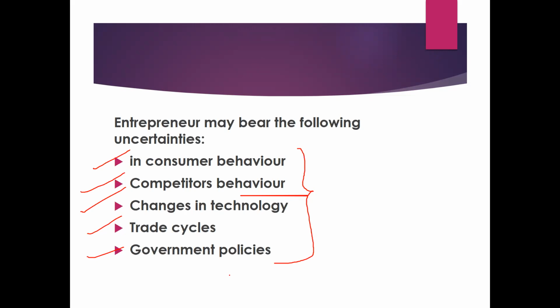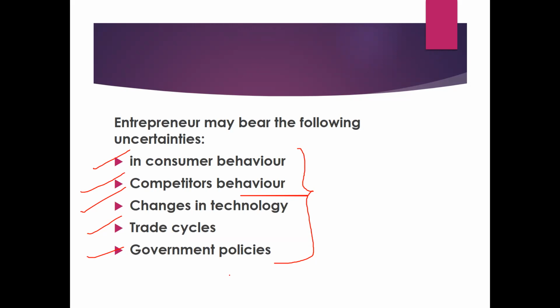Changes in technology, because you have seen already when you are purchasing a mobile phone, after 1 year it is obsolete, or after 1.5 years it is obsolete because new technology has launched into the market. So people are shifting from this technology to that technology. If the technology keeps on changing and you are selling the old technology product, nobody will buy your product. You have to change your product in terms of technology. Also, trade cycle.